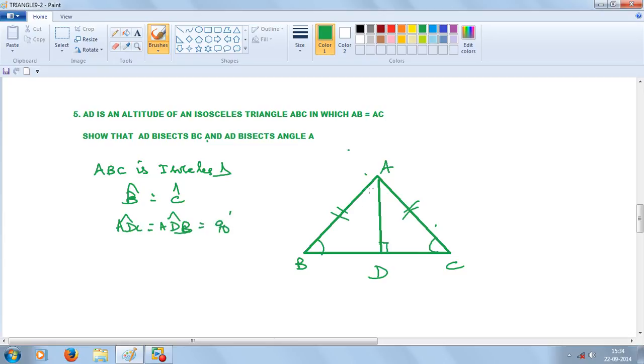Therefore, what about the third angle? Angle DAB is equal to 180 minus ADB minus angle B.